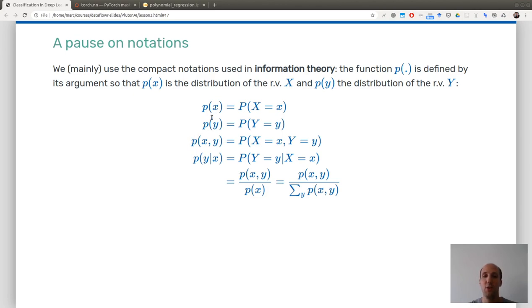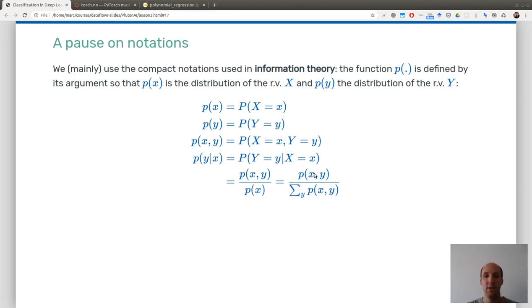Again, the p is telling you that you are looking at a probability distribution, and if you pass a couple as an argument, this is just the joint distribution of the couple of the random variables big X and big Y. Now, here is a more fancy notation. This is the probability of y knowing x, which corresponds to the distribution of the random variable big Y knowing big X.